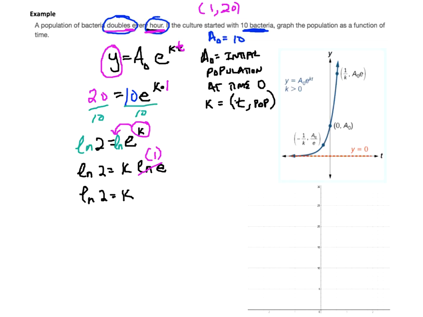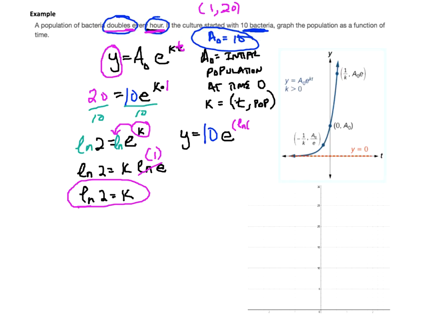So let's see, I've got my constant here, and I already had my initial population size here. So I just need to fit those into the mold of my model here, which is y, or population size, equals 10, my initial population size, times e, the natural base e, raised to the, I'm not going to put k because I know what that is now.